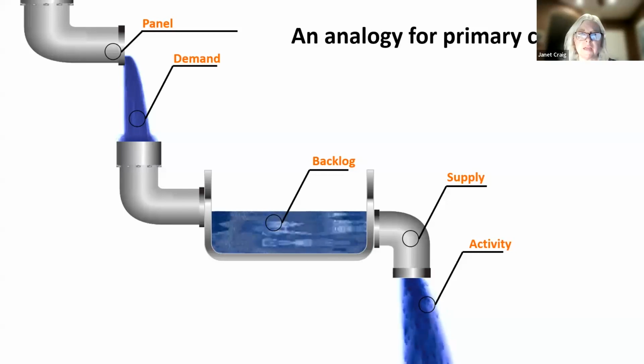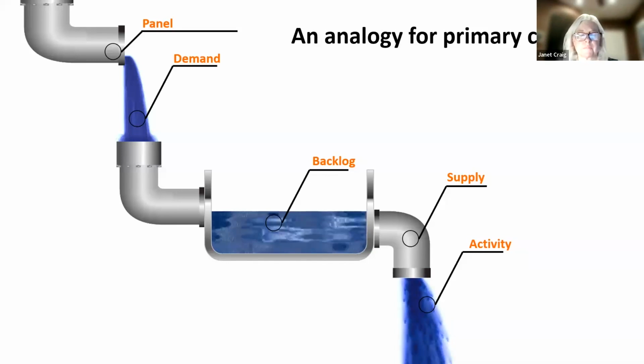Now on the supply side, supply is how many appointments you have available for your patients. If you worked 200 days a year and you saw 20 patients per day, that would be a supply of 4,000 as well. So your demand and supply would be exactly equal, and water would flow through this pipe really nicely.